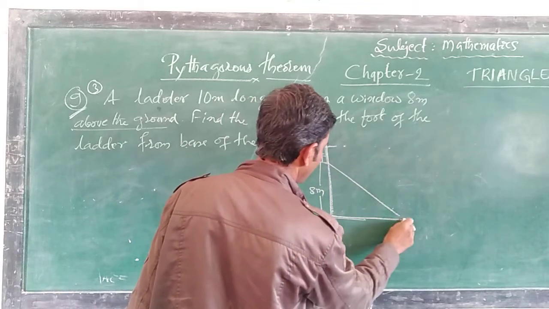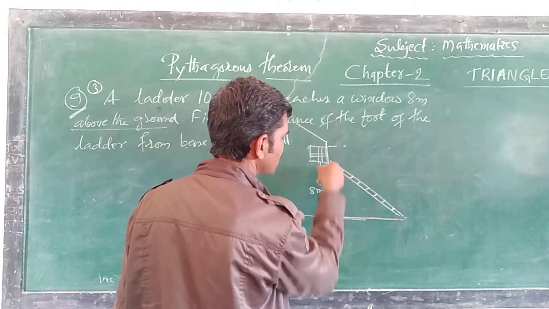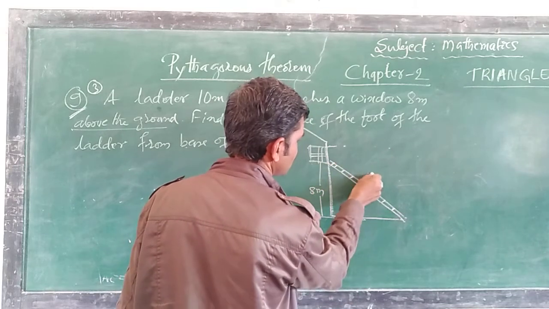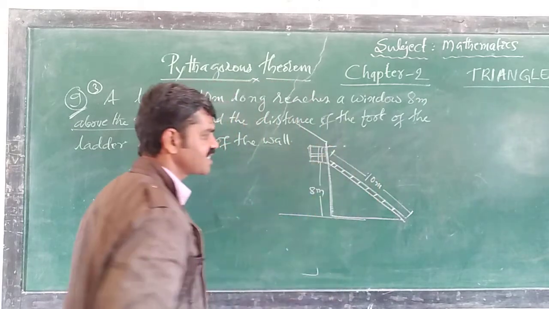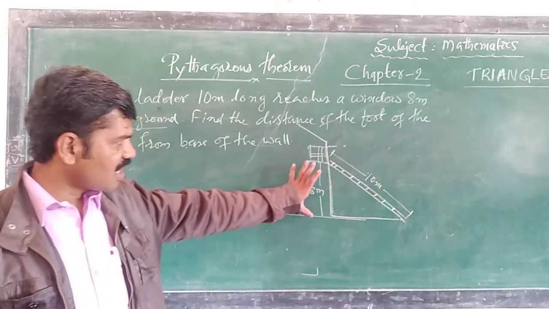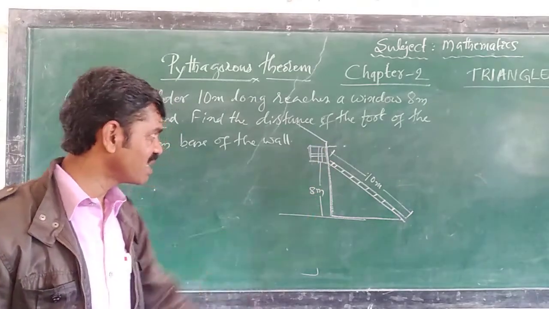So this is the ladder. The length of the ladder is 10 meter. The height of the window above the ground is 8 meter.